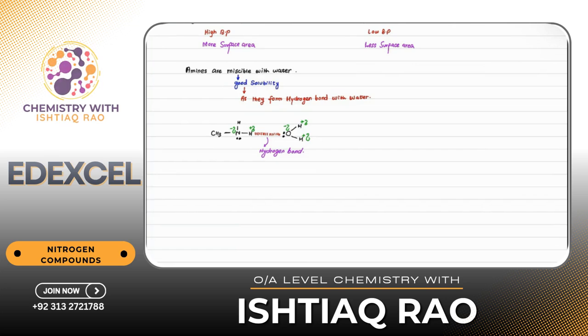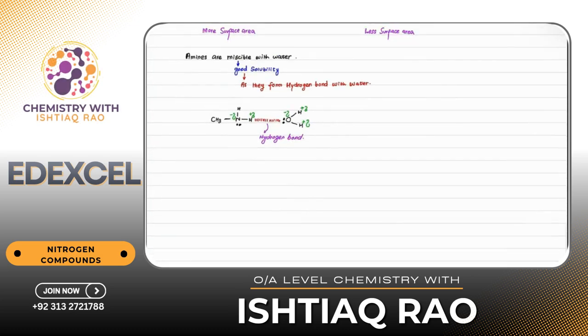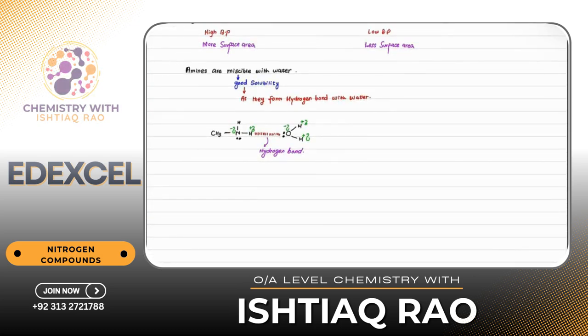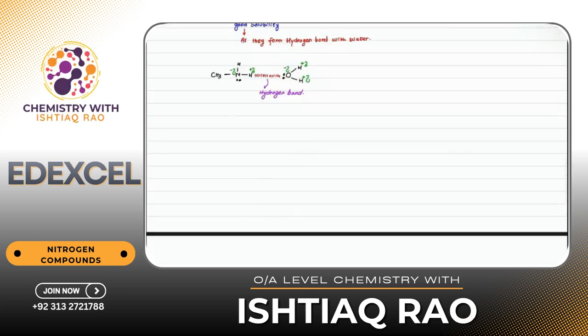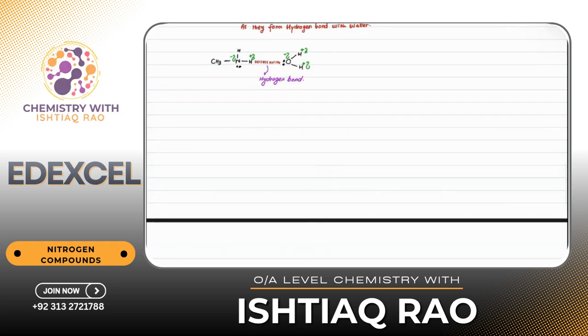And also, whenever you dissolve amine in water, basically solubility means you are going to dissolve amine in water. So what would happen if we dissolve amine in water? Alkaline solution is formed.